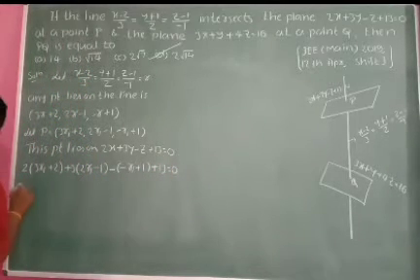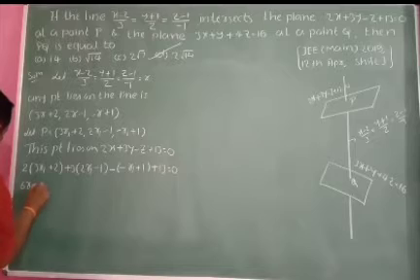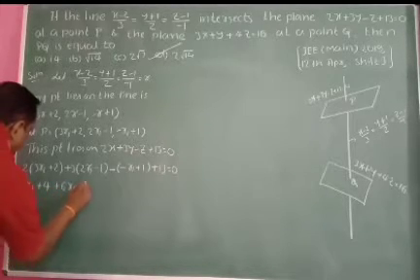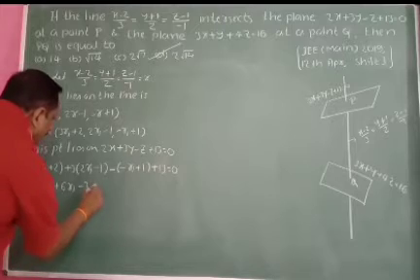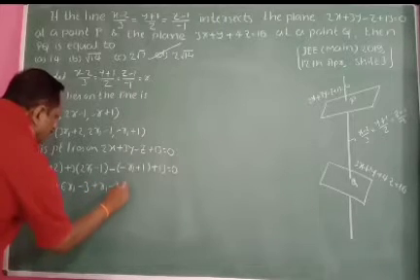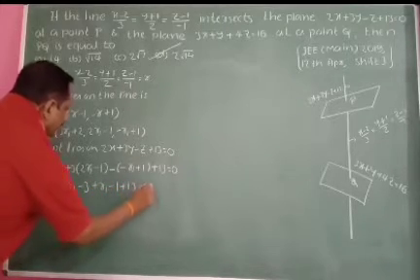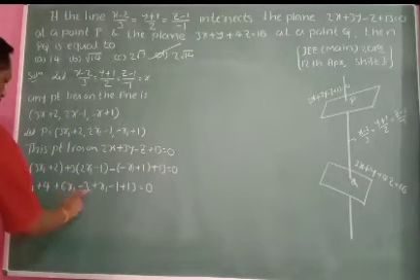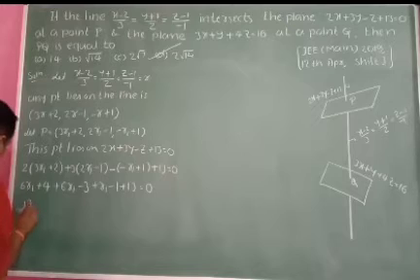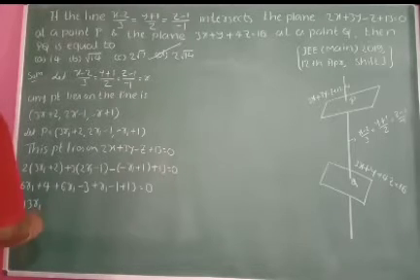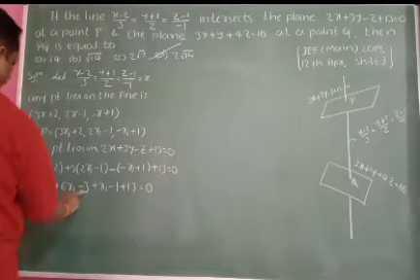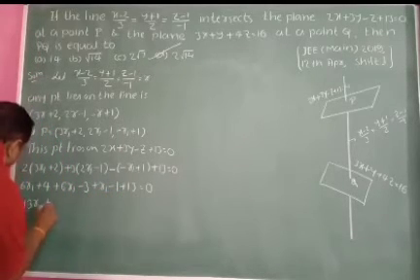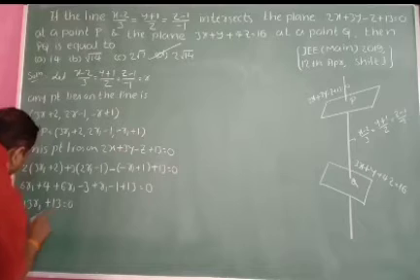Then 6r1 plus 4, plus 6r1 minus 3, plus r1 minus 1, plus 13 equal to 0. 6 plus 6 plus 1 is 13r1. Then 4 minus 3 is 1, 1 minus 1 cancels, plus 13 equal to 0.